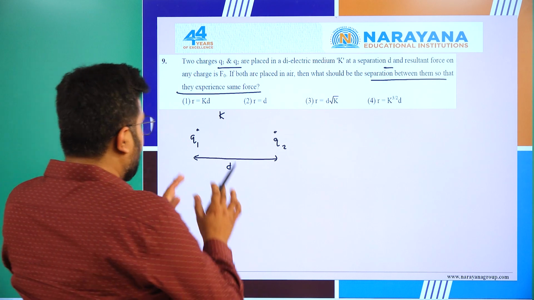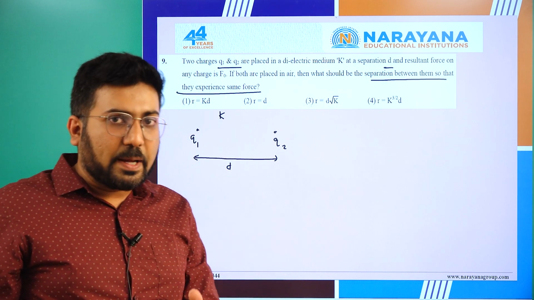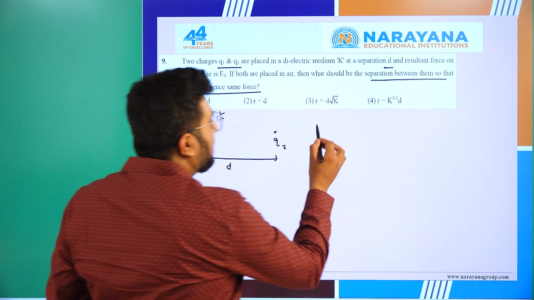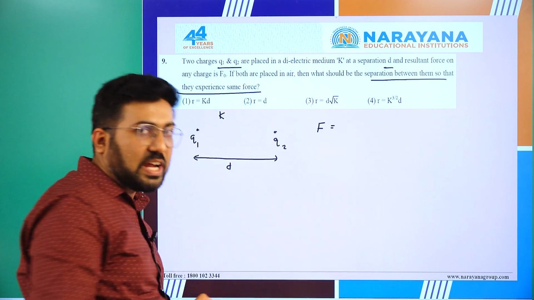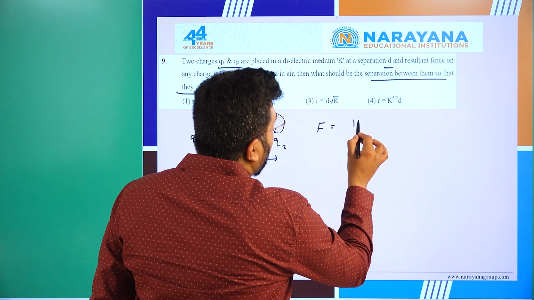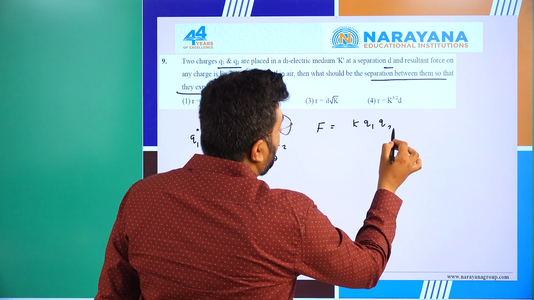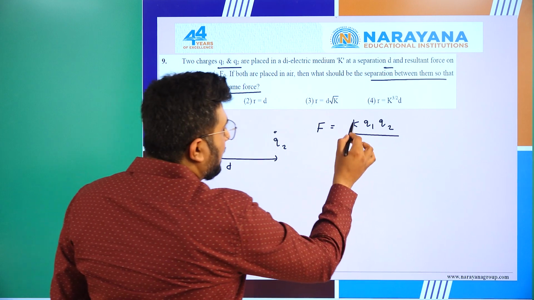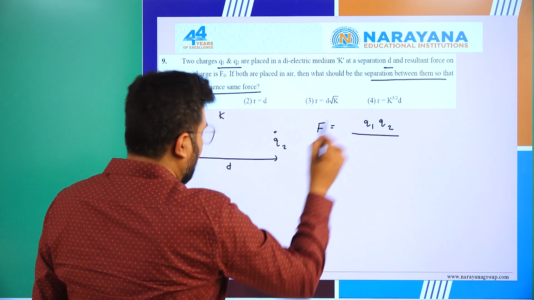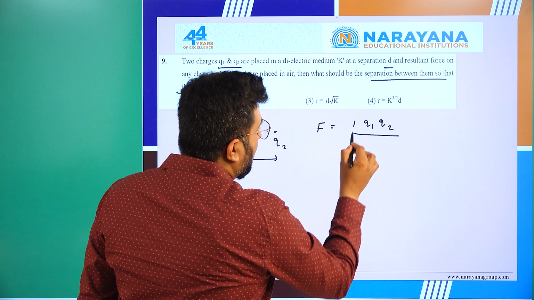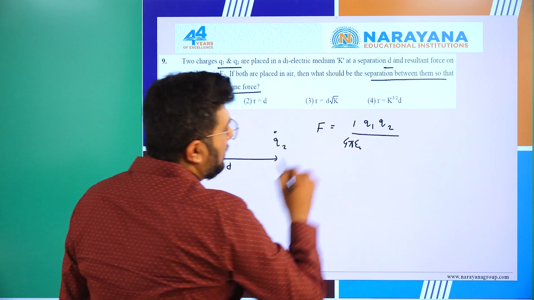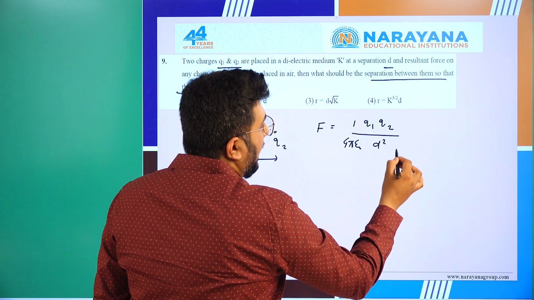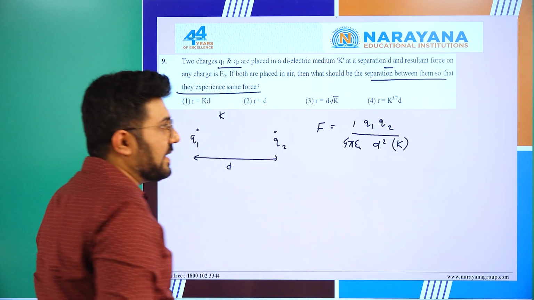Okay, so you know that if the charges are placed in a medium, then the force of attraction or repulsion between the two charges is given by 1 by 4 pi epsilon naught Q1 Q2 by r square, divided by the dielectric constant.